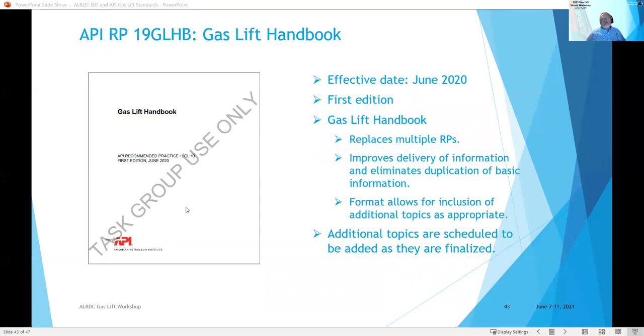Each of the different RPs that were developed included some grounding information on the front end that was quite often the same from document to document. So by putting it all together in a handbook, we've eliminated the duplicity of those types of topics. The format also allows for inclusion of additional topics as appropriate, and we're working right now to incorporate additional topics into the Gas Lift Handbook.